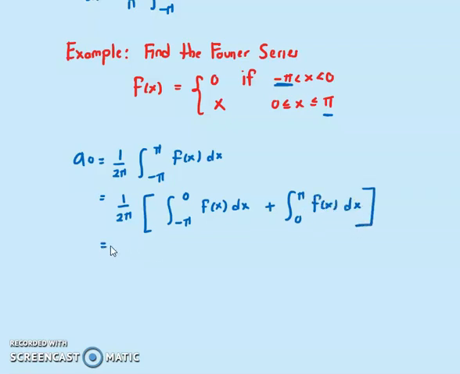Okay, when it comes to negative pi to 0, f(x) is given by 0 here, and then plus the integral from 0 to pi of x dx.